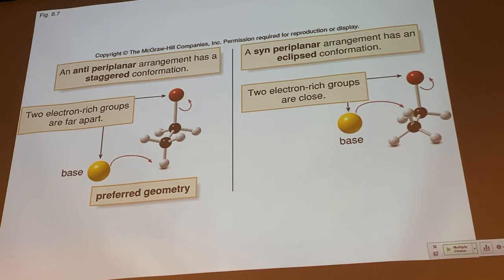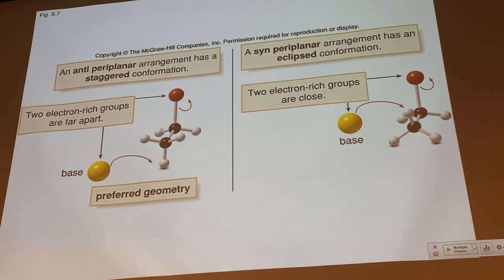That would cost us some energy to try to do that. Whereas in the anti-periplanar conformation, the leaving group and the base are far apart, so we don't have the electrostatic repulsion. So for those two reasons, lower energy conformation and keeping the two electron-rich species far apart, the anti-periplanar geometry is favored.